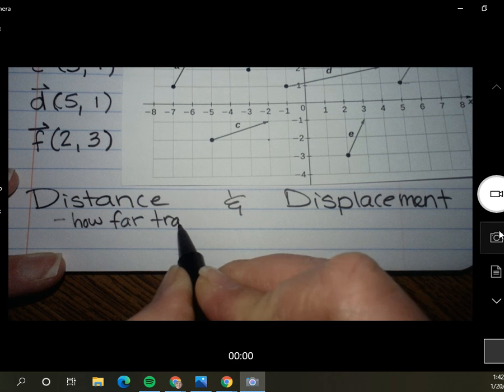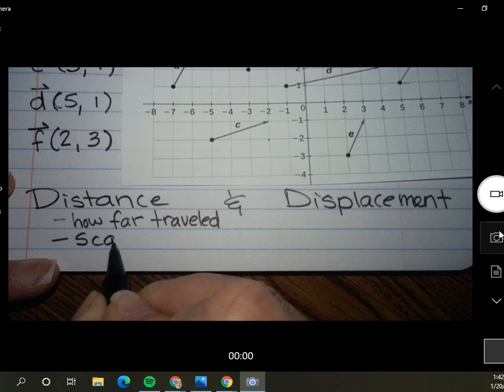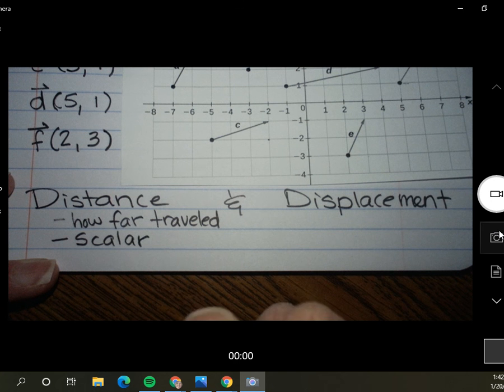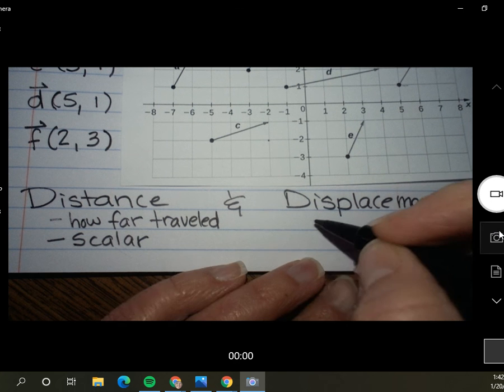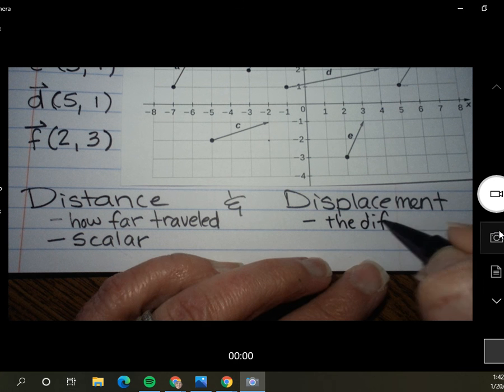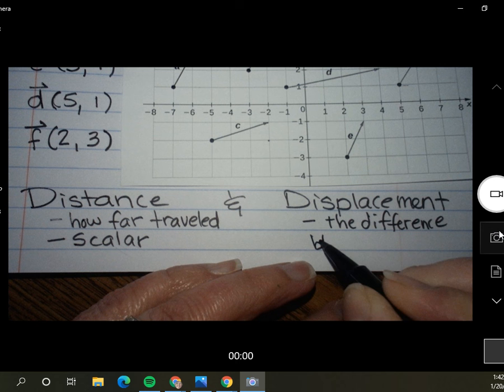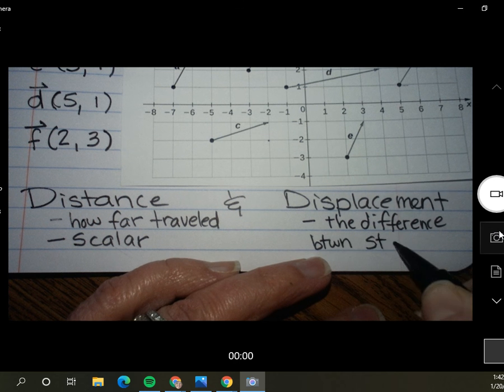How far you actually went. This is a scalar measurement. Displacement is the difference between start and finish.